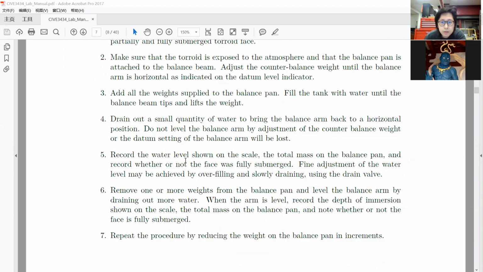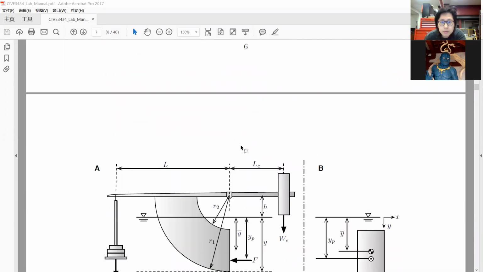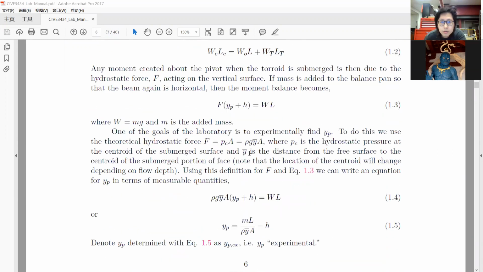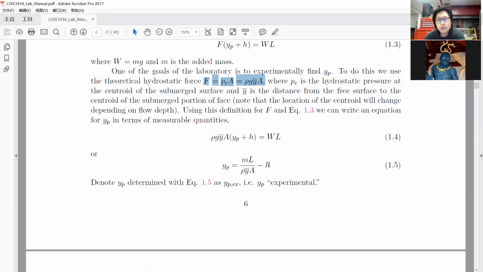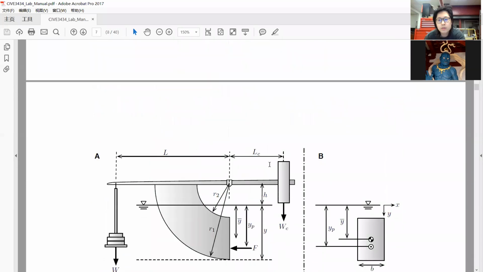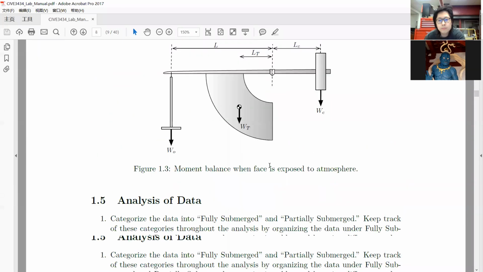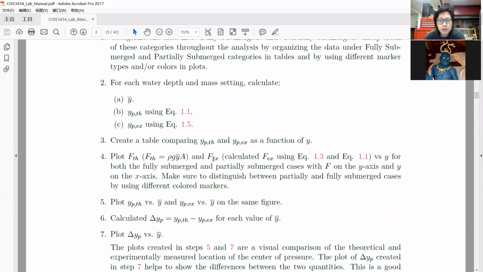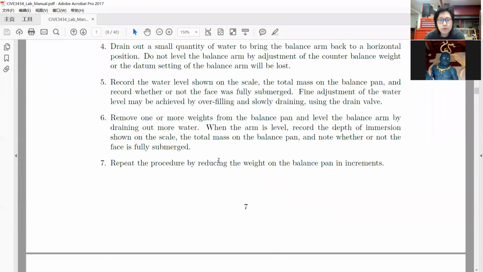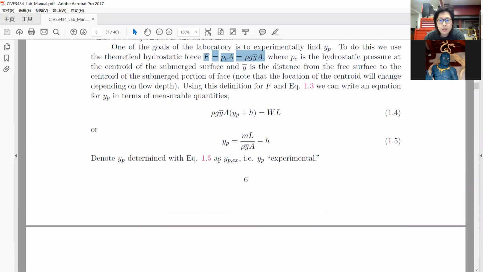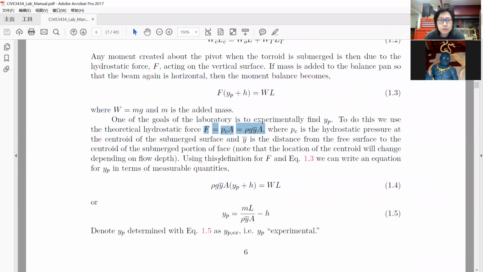So I think we're dealing with the force. What is the equation of the force? Okay, it's in here. The force is equal to rho g y bar times A. It's easy, so you're able to calculate it. And F experimental. We have the force theoretical and the force experimental.